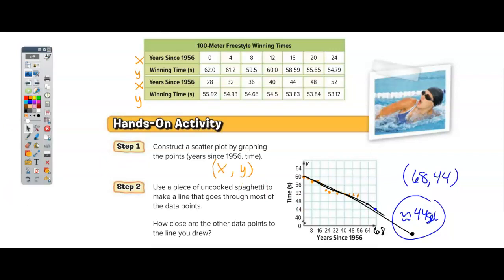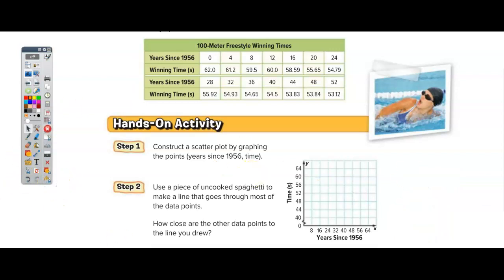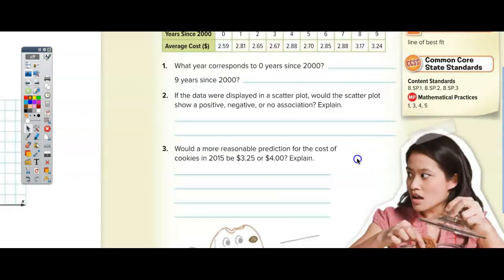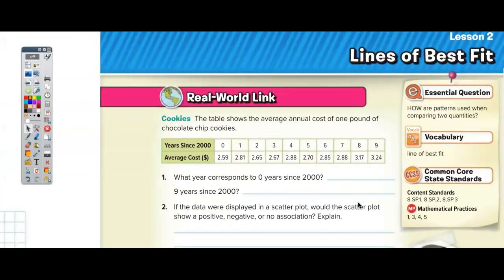All right, so your homework assignment is to take a picture of this page that we did together, 675, submit that to Google Classroom, and then on that same assignment, you're going to complete page 677, the real world link. I'll get to that page and show you. So this page right here, you're going to do this real world link.